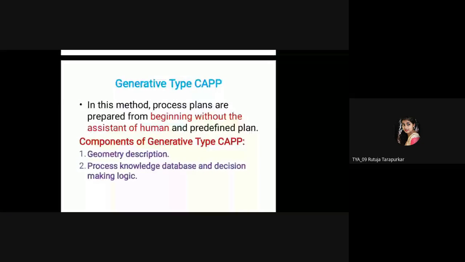Then there are again two types of generative type CAPP. First is geometry description. Second one is process knowledge database and decision making logic. Okay, so first, geometric description.